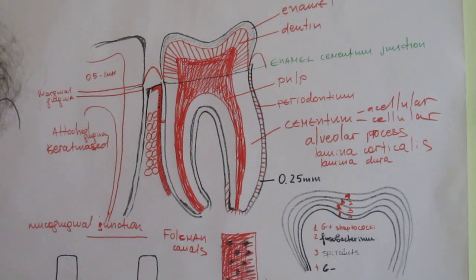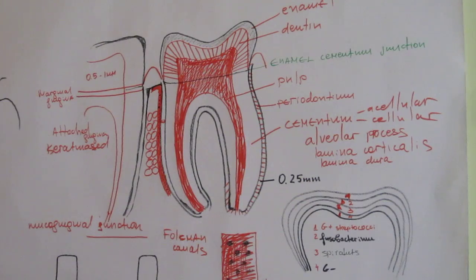These bacteria don't need oxygen. They are gram-negative, and they are extremely bad for the tissues, for the gingiva. The gingiva has very strong reactions to them.